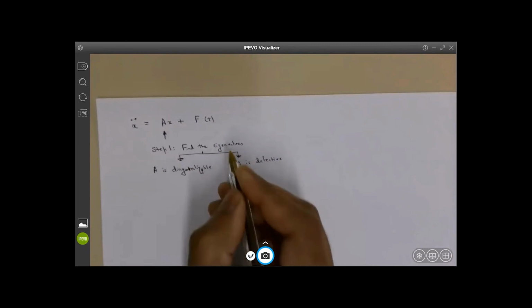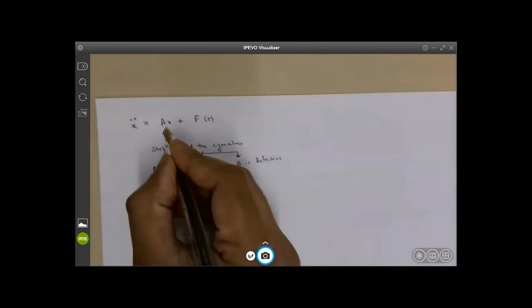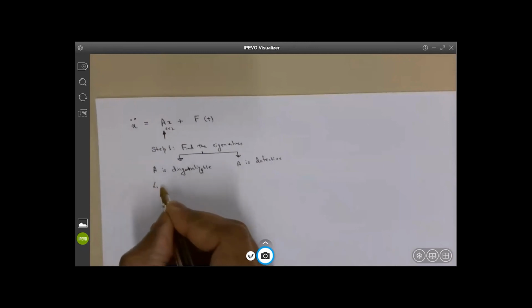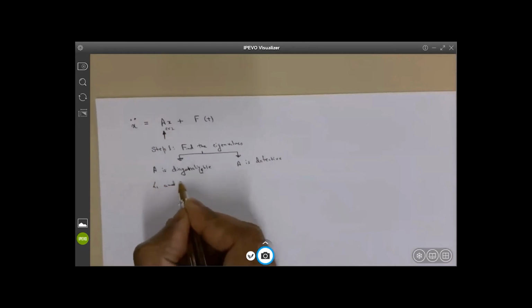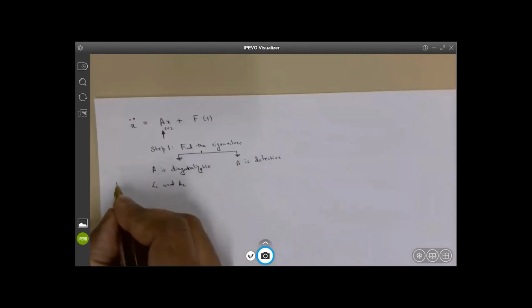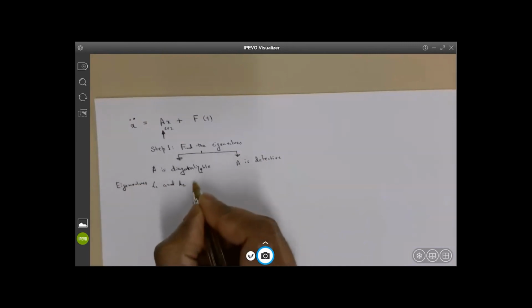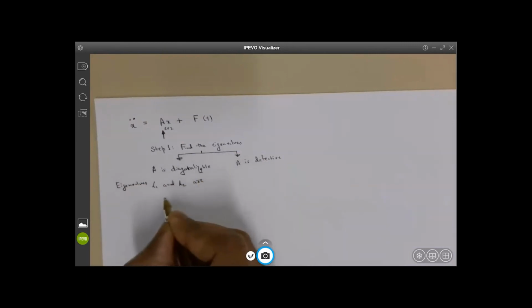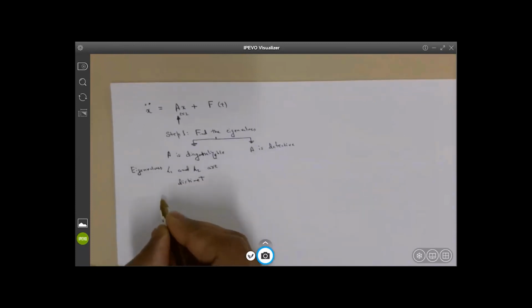Basically, when I find the eigenvalues of a 2 by 2 matrix, either lambda1 and lambda2 are distinct eigenvalues. These lambdas are eigenvalues. In that case, what we will get is an eigenvector.